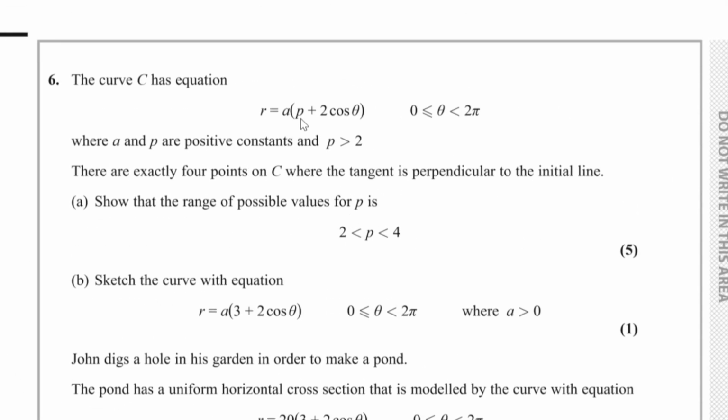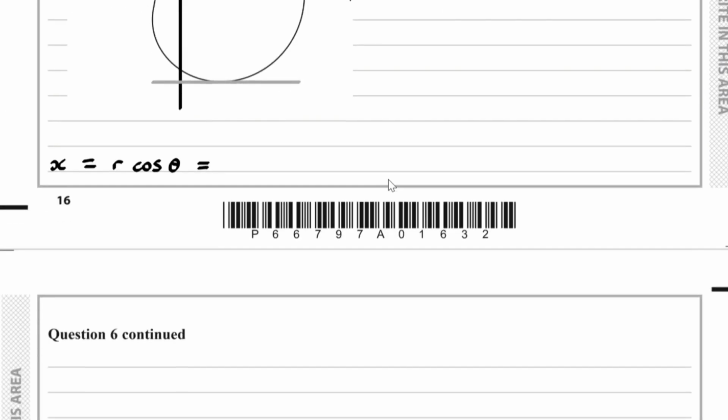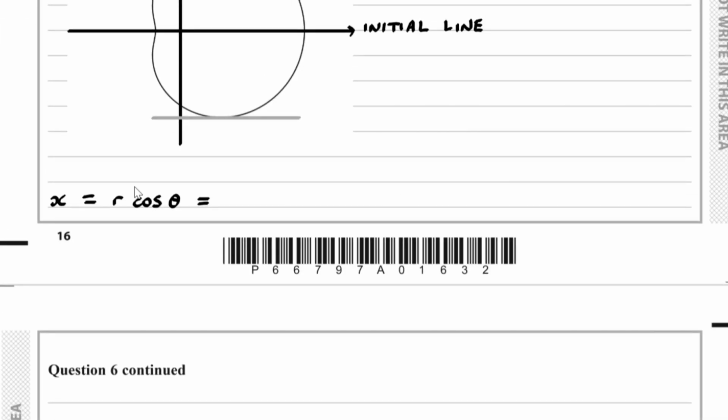That's a lots of p plus 2 cos theta. So if we replace r with a lots of p plus 2 cos theta, x is equal to a lots of p plus 2 cos theta lots of cos theta.